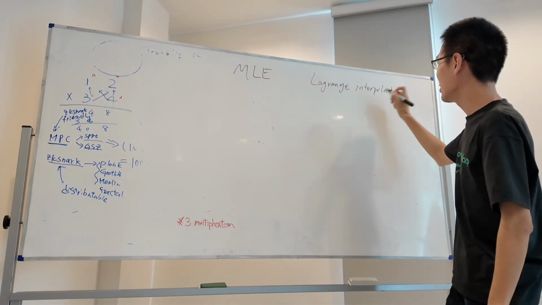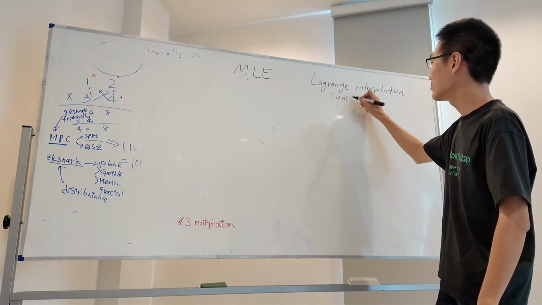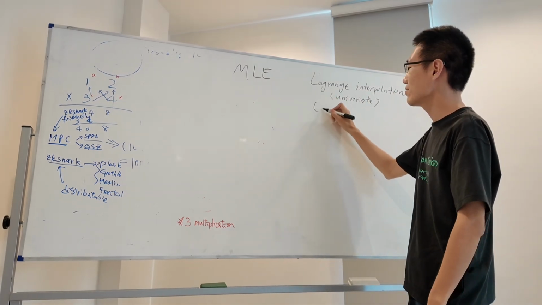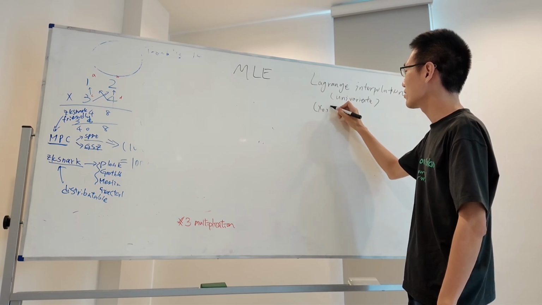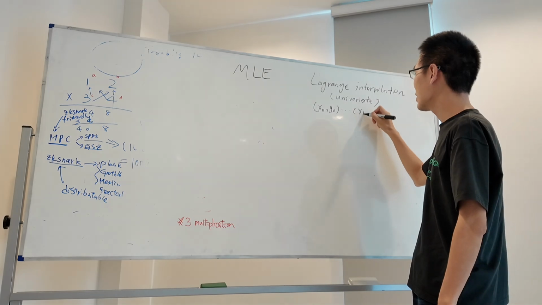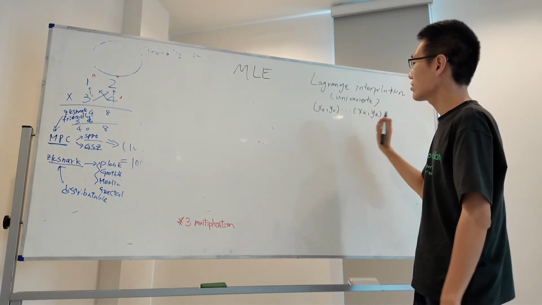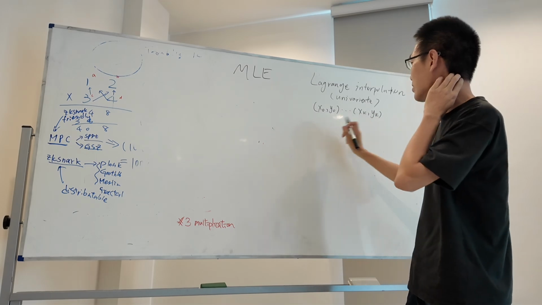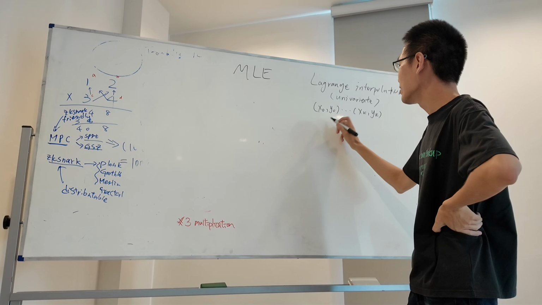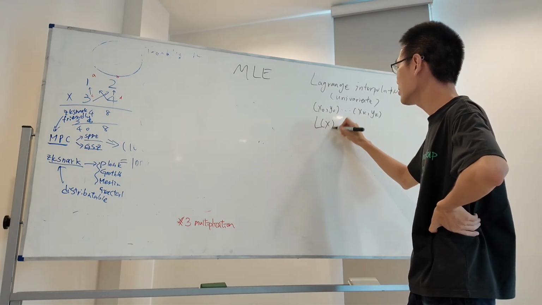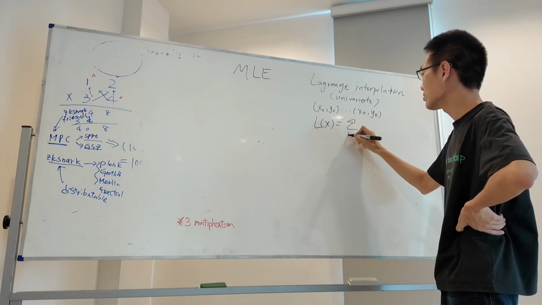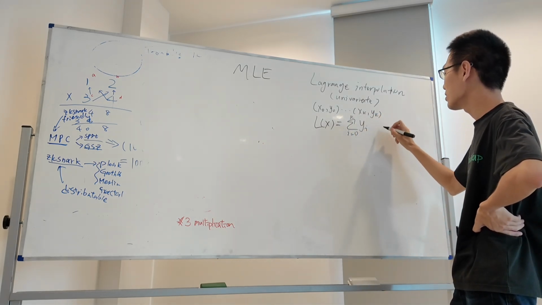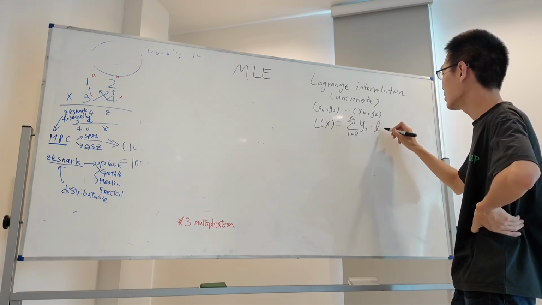This one is for the univariate polynomial, where we have k points, x0, y0 to xk, yk, and we interpolate these points as a polynomial, which can be written as the sum over i from 0 to k of y_i times some Lagrange polynomial.